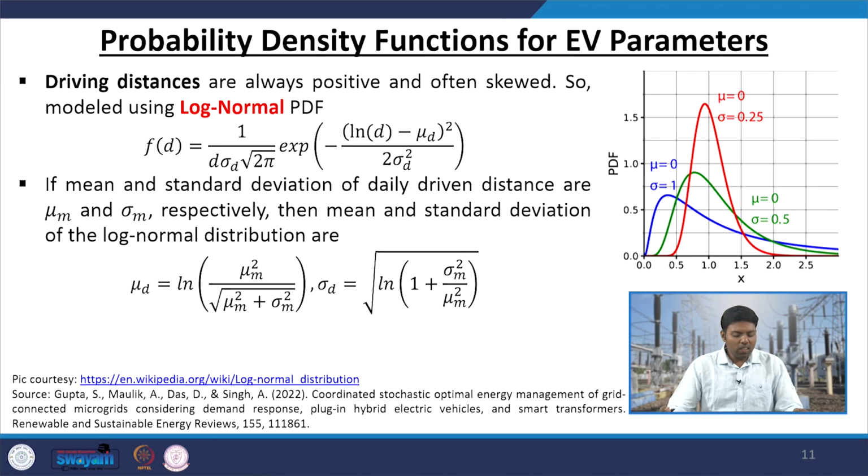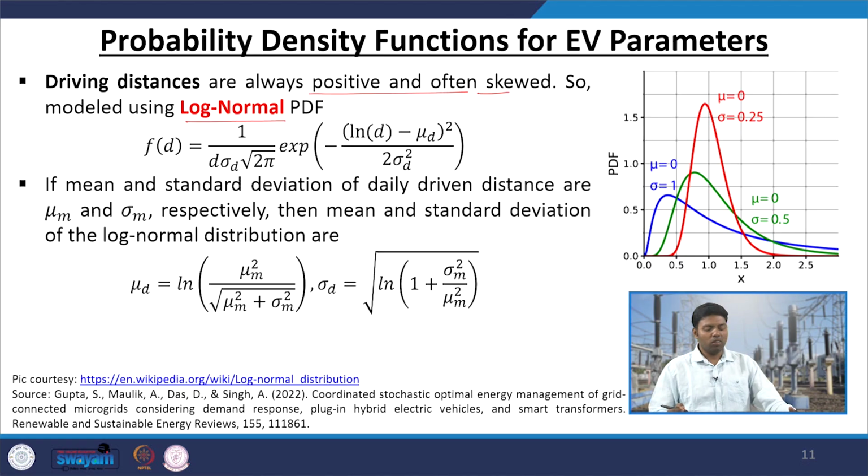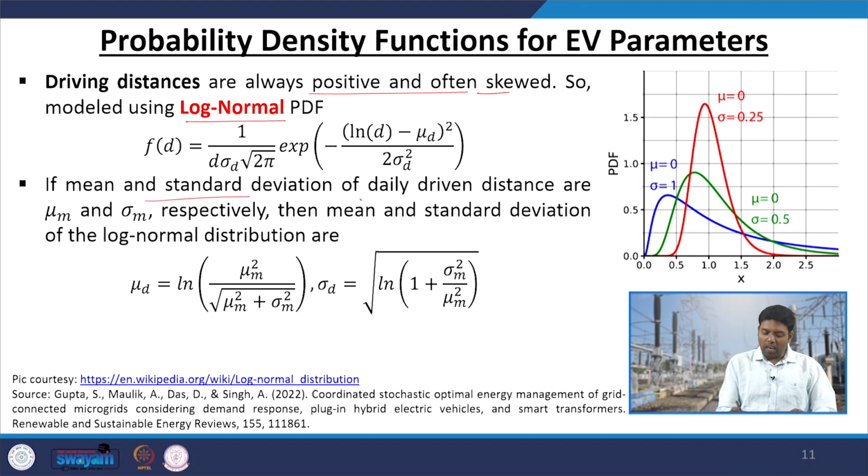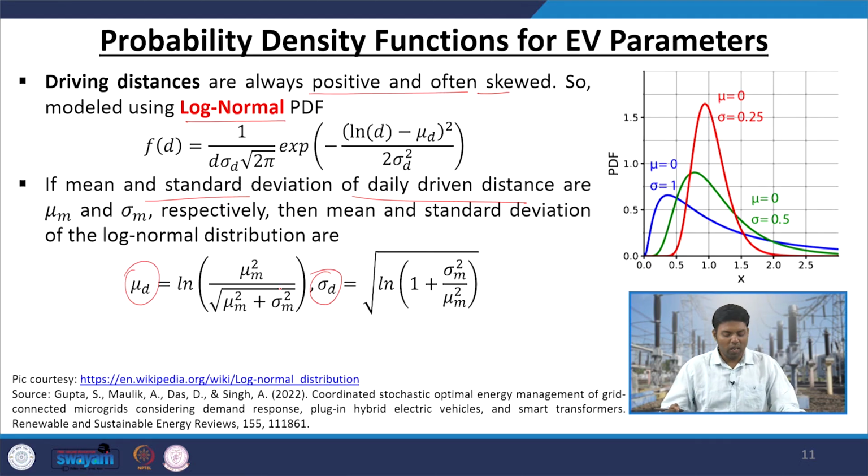Generally, the driving distance for an electric vehicle is positive and skewed. So, generally it is modeled as a log normal probability distribution function, which looks like this. The mean and standard deviation of that log normal distribution function are normally not equal to your actual driving distance mean and standard deviation.